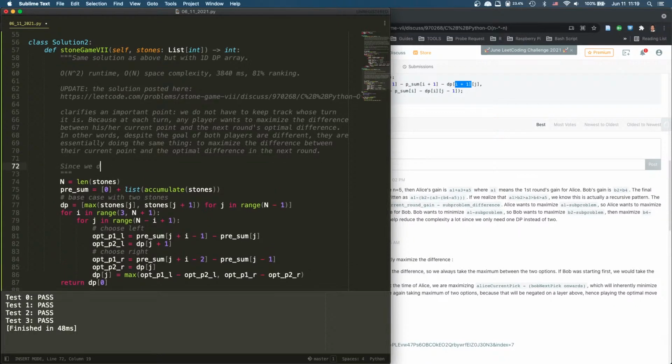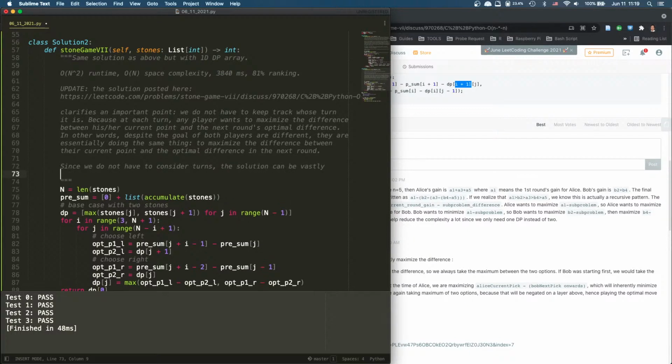Since we do not have to consider turns, the solution can be vastly simplified.